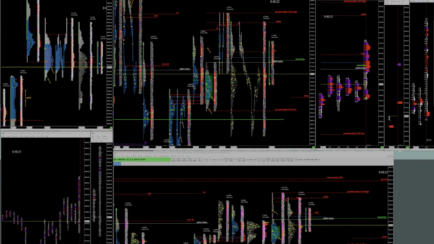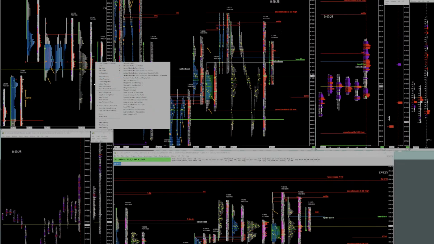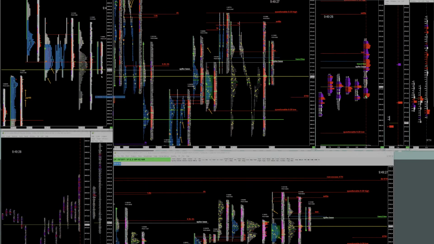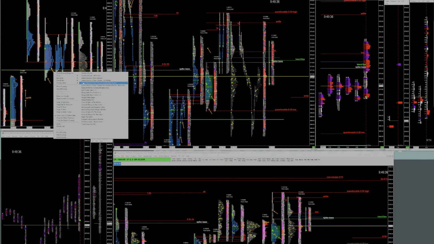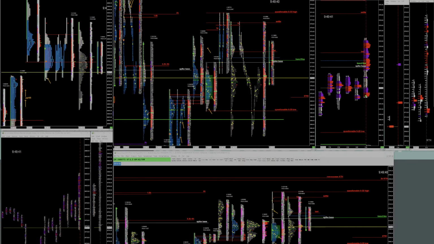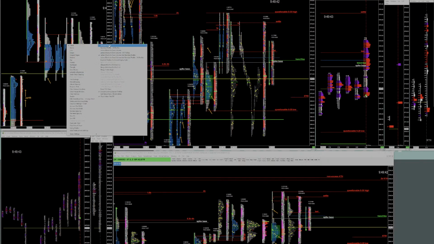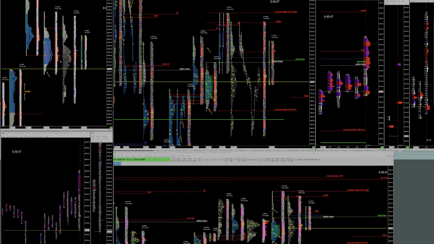Nasdaq is inside. Nasdaq has come back. This is the opening on Nasdaq. This low has been checked. Now we have this one here. It's an inside day Nasdaq.